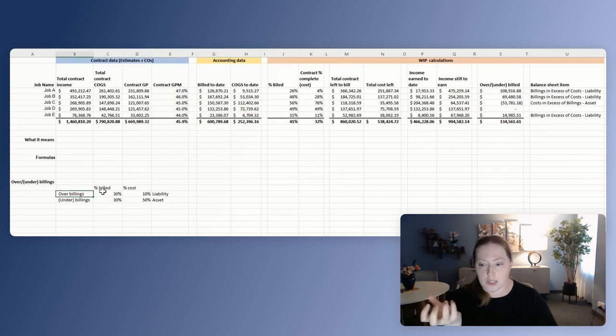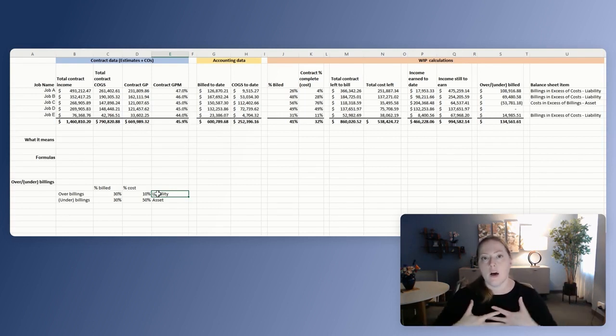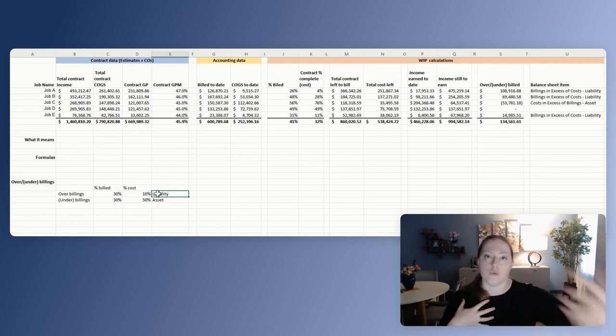So if you are overbilling, meaning the percentage billed is more than the contract completion, that is going to be a liability to you, because essentially you have taken money in without actually completing the work yet.